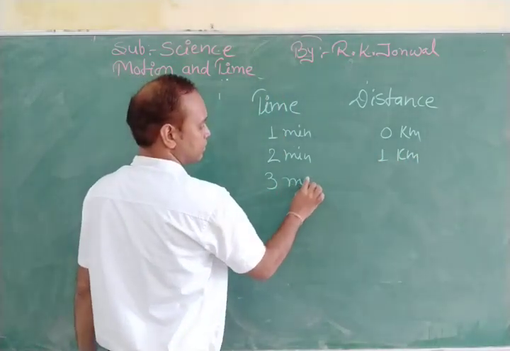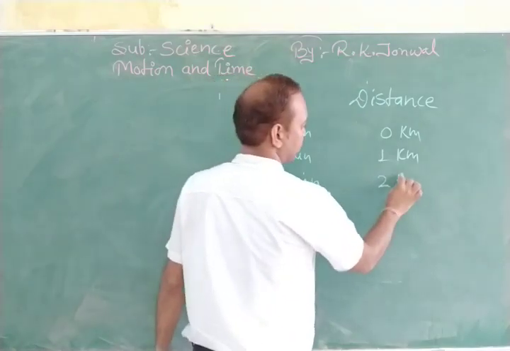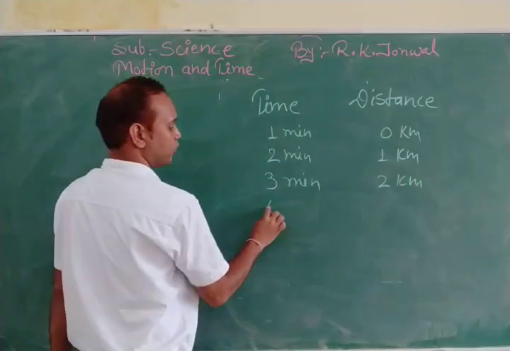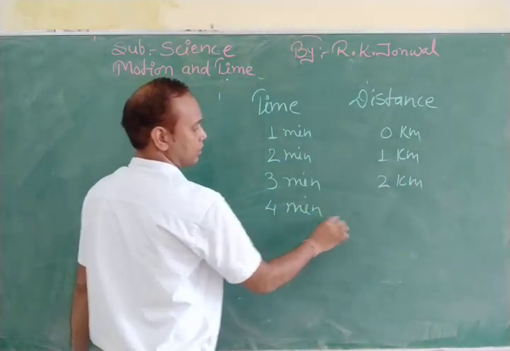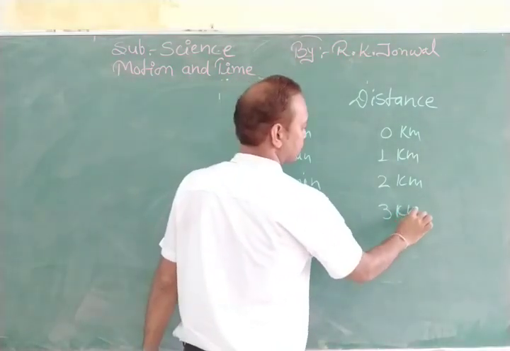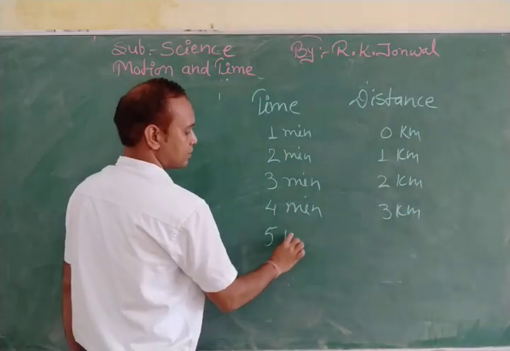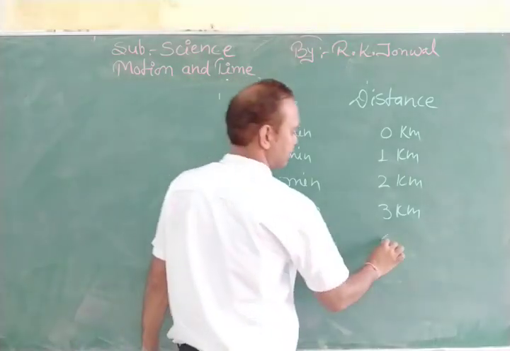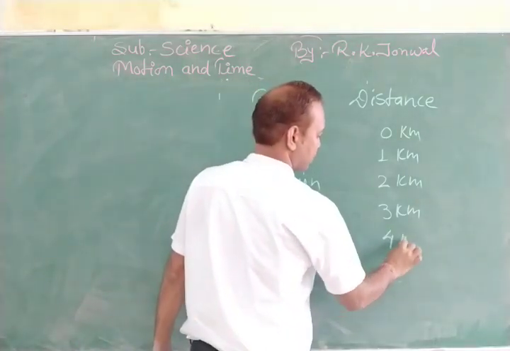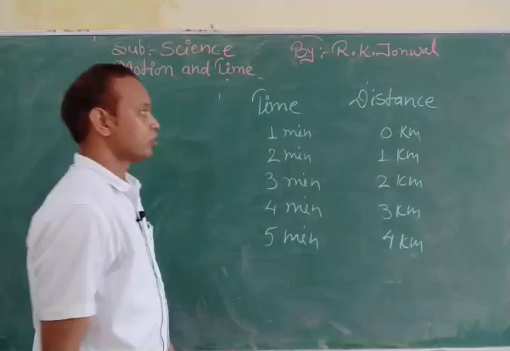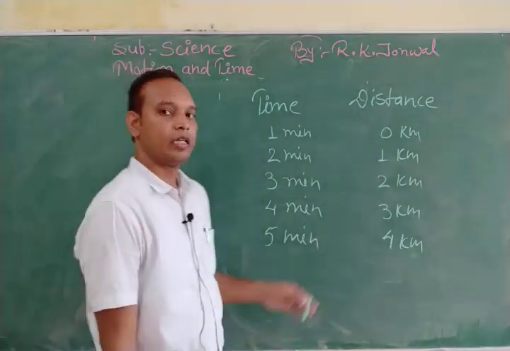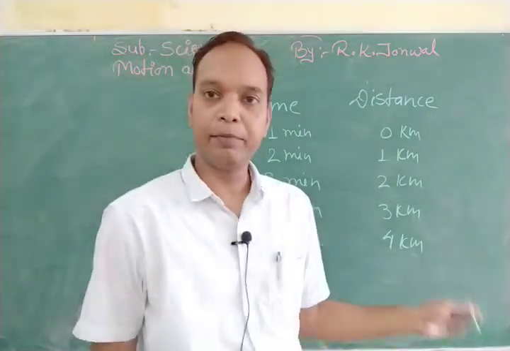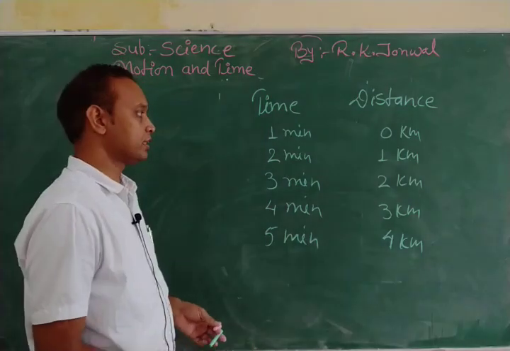After 3 minutes, distance is 2 kilometer. After 4 minutes, distance is 3 kilometer. And after 5 minutes, distance is 4 kilometers. So here are some values. If we want to plot a graph with the help of these values, then how can we plot this graph?